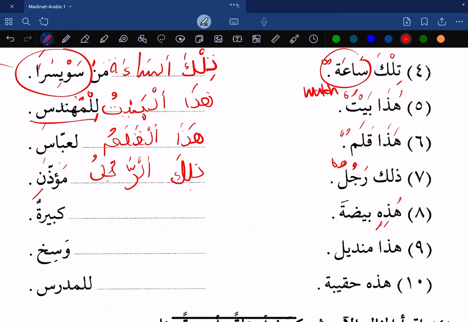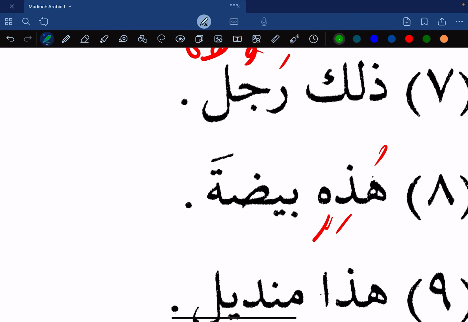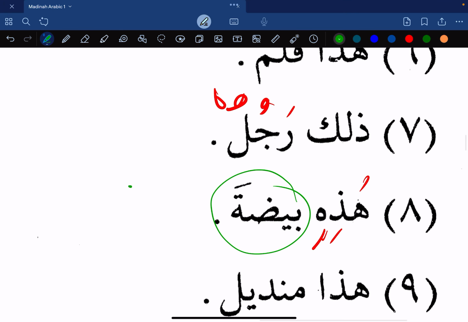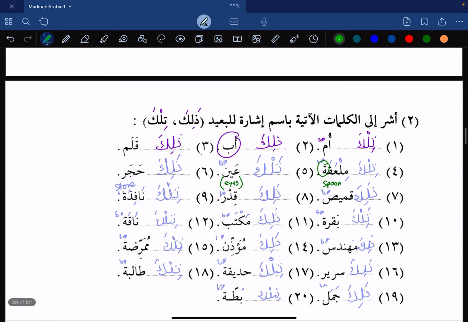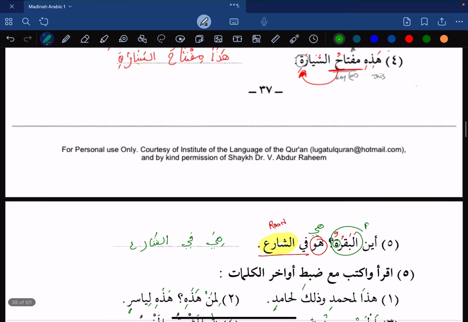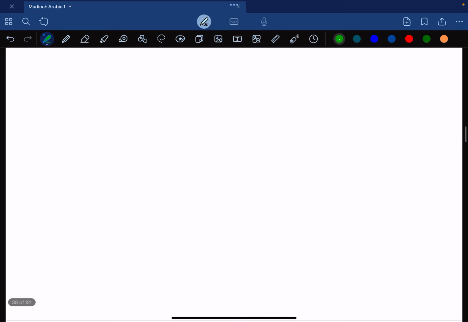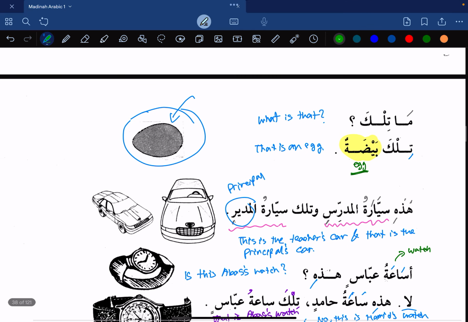هذه بيضة. Have we done this word before? بيضة means an egg. I think we've done this word before. If I were to scroll back, and if we were to look at the delight it is. Wait, what? We did not do بيضة? We did do بيضة. There it is. Proof.